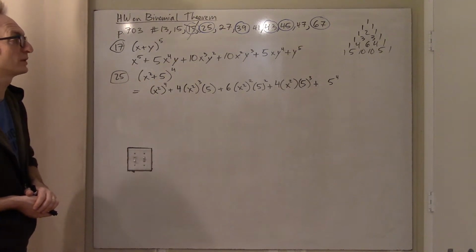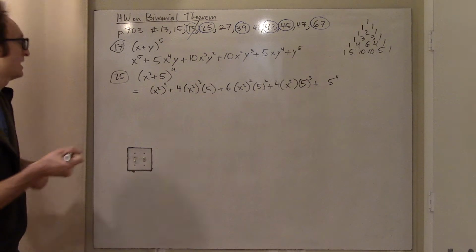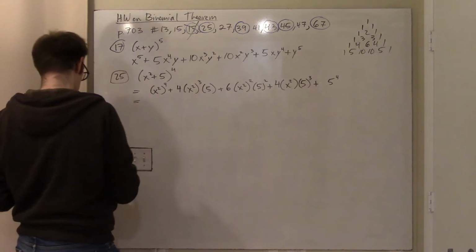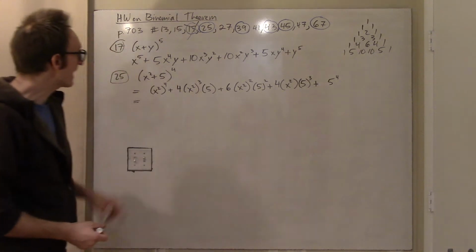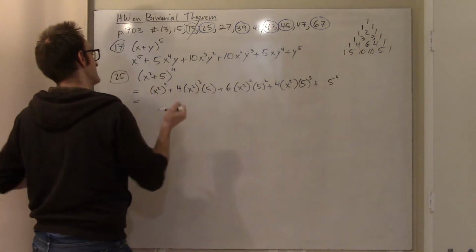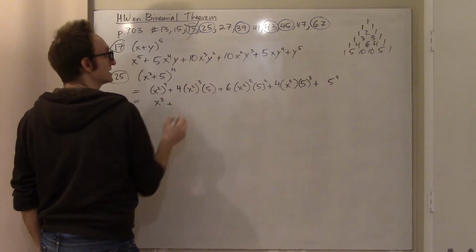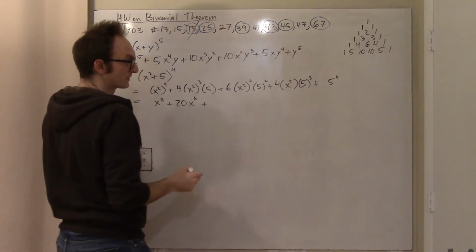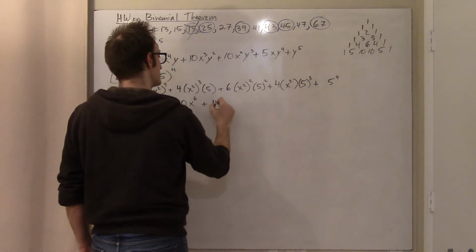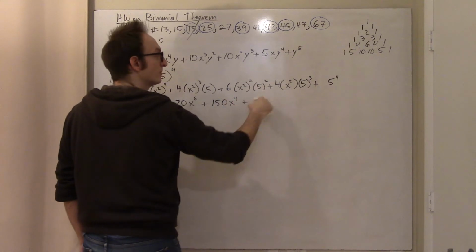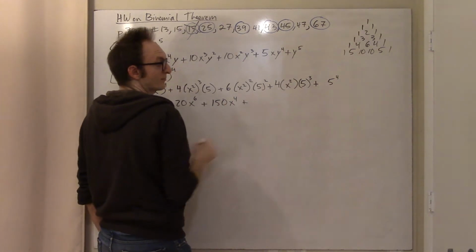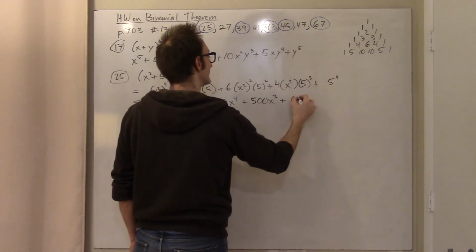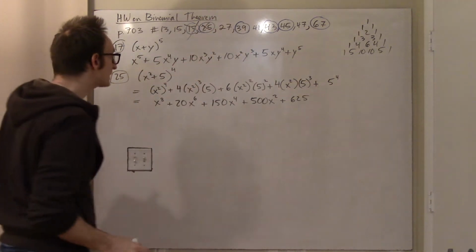Now I can clean this up. (x squared) to the fourth is x to the eighth, plus 20x to the sixth, plus 25 times 6 is 150, so 150x to the fourth, plus 125 times 4, so 500x squared, plus 625. So that's that.